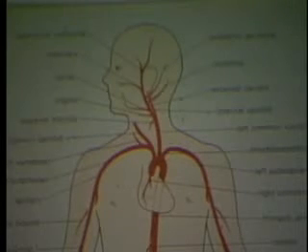So now, which is not correct? The internal carotid artery terminates in the middle cerebral. Does the internal carotid terminate in the middle cerebral? That's a main one that I gave you.